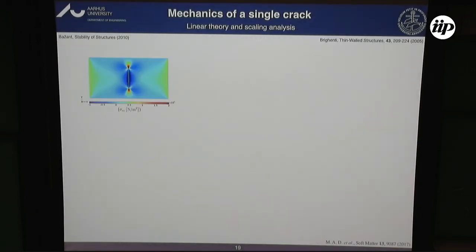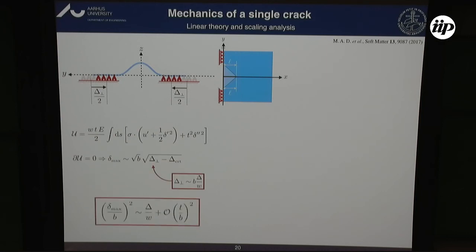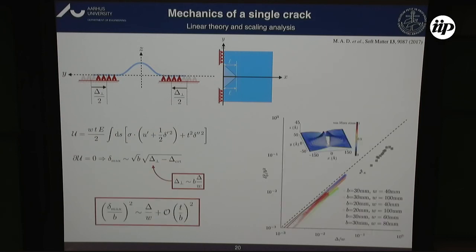I'll rush through this argument because I want to show something else, but I'll point out that we have a scaling argument for the amount of out-of-plane deflection of the structure, and in comparison with finite element method, molecular dynamics and the experiments, they all seem to collapse onto this scaling law that we have derived.